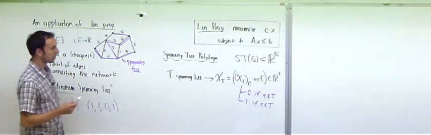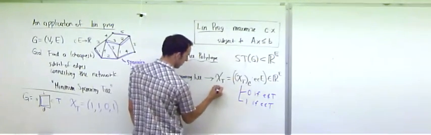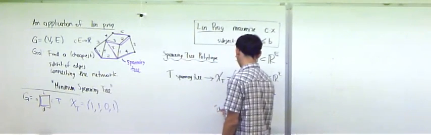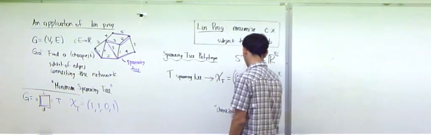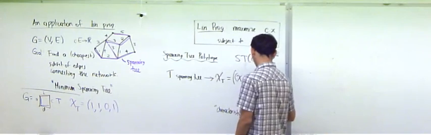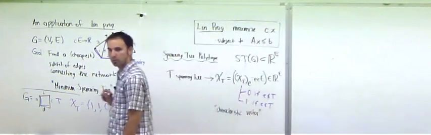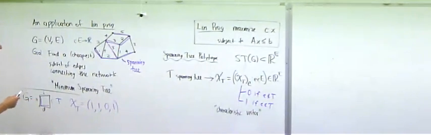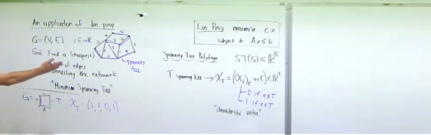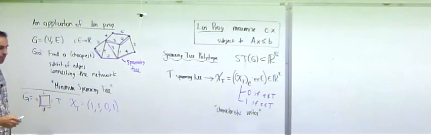This is a very common construction. It's good for you to get used to it. This is called a characteristic vector. It's a very common construction for taking combinatorics and turning it into discrete geometry. And then the spanning tree polytope is going to be the convex hull of these guys.